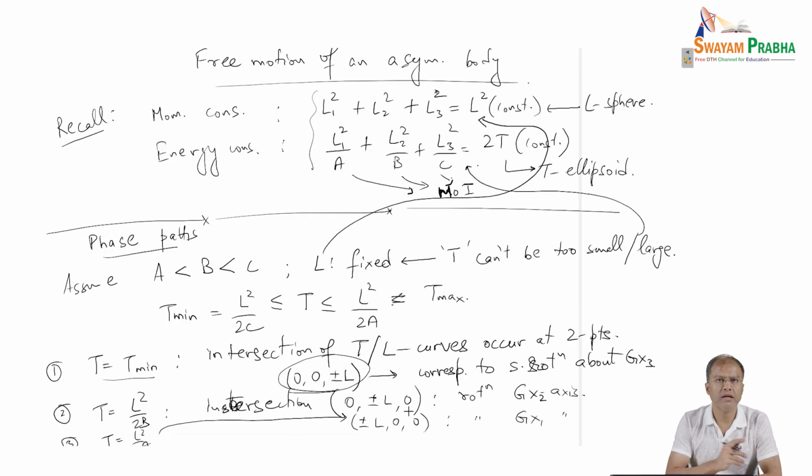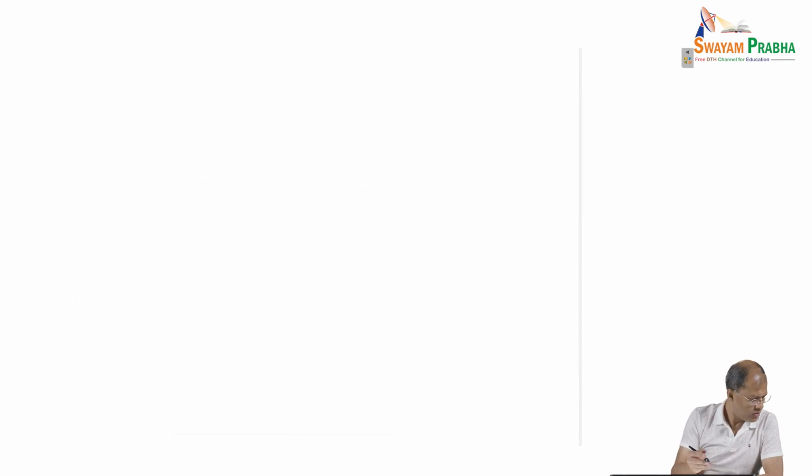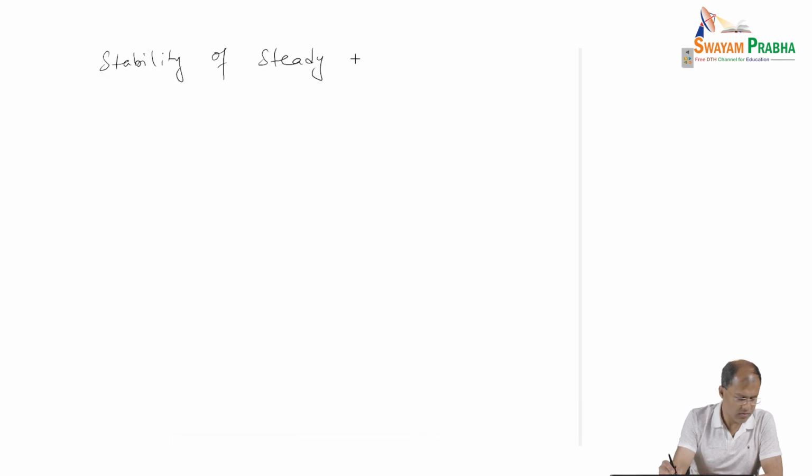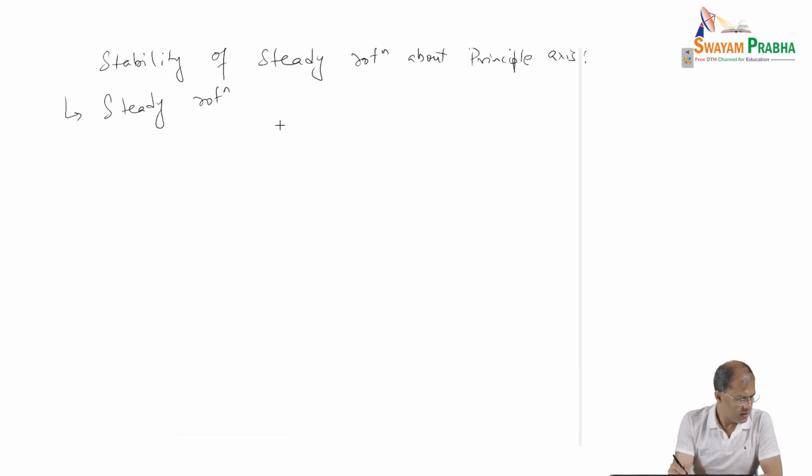Okay, so then we can look at the stability of these rotations about the principal axes. We are talking about an asymmetric body.